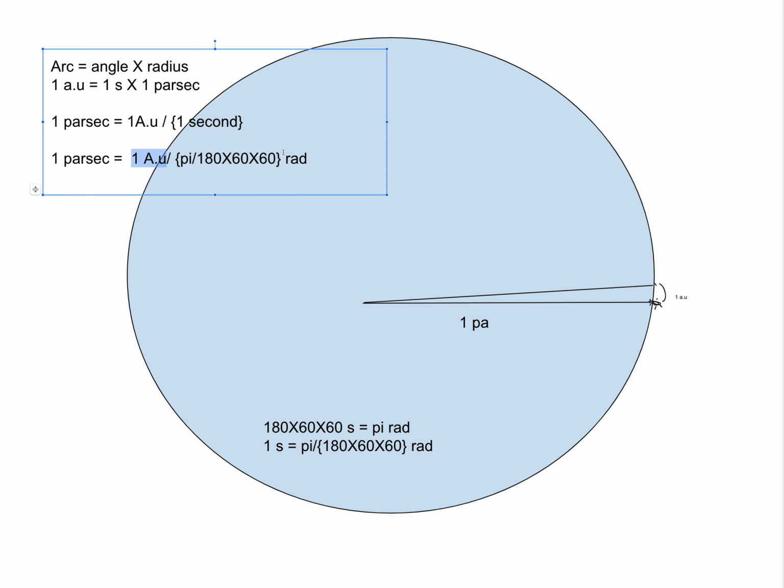180 60 60, because this is divided by something, this will go up, so this is basically equal to 1 astronomic unit multiplied by 180, because divided by something means it becomes multiplication, so 180 multiplied by 60 multiplied by 60 divided by pi.